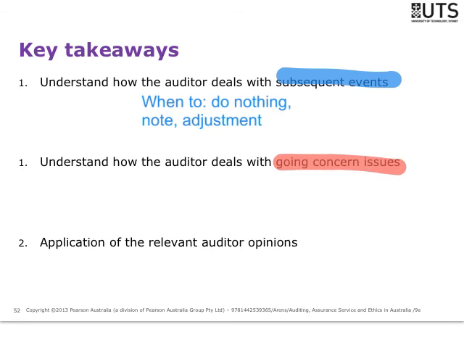With going concern issues, you want to know, is it uncertainty or probable? Okay, you need to make a decision as to whether or not you think it's simply uncertainty that the client will fail, or it's probable the client will fail. And is there disclosure?